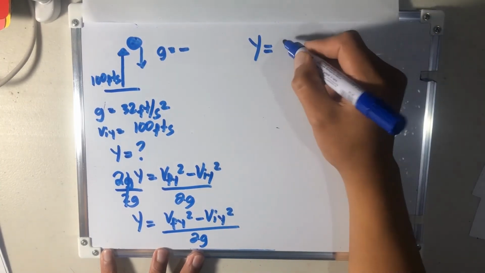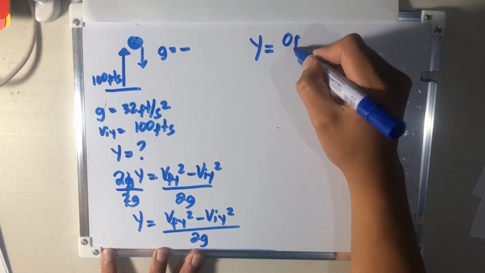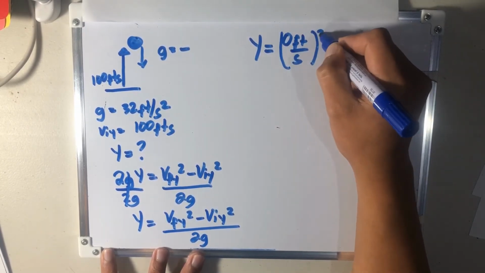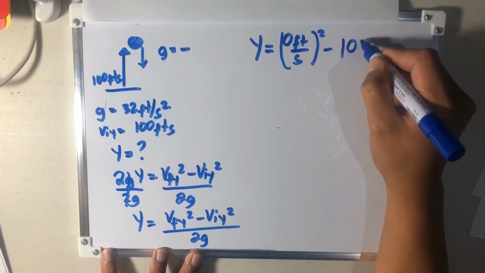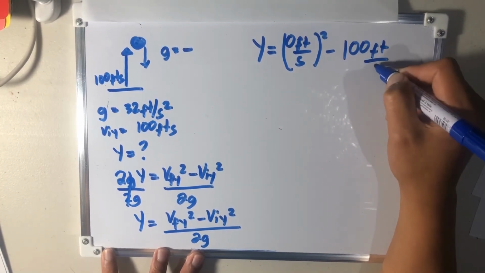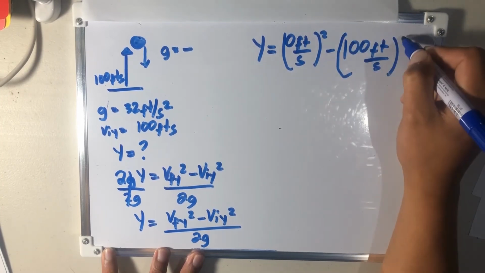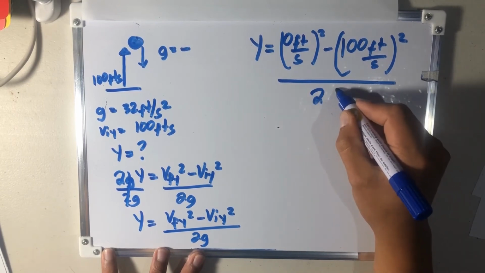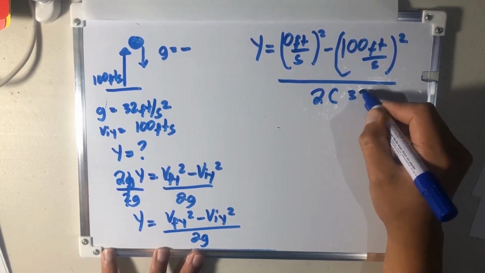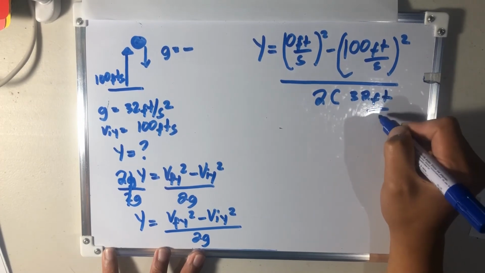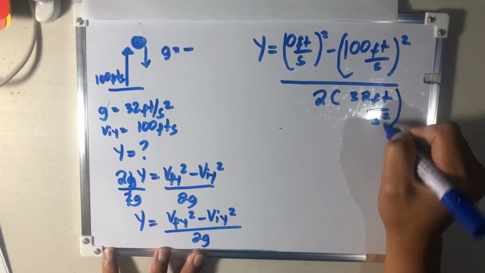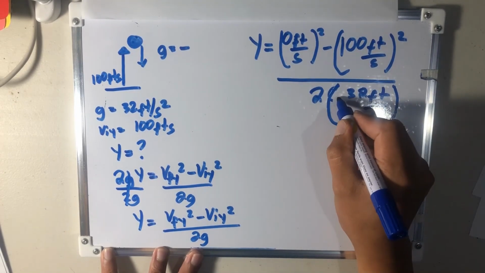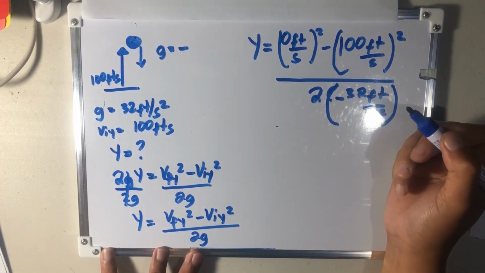So our final velocity is 0 feet per second, that will be squared, minus 100 feet per second, and that will be squared also, all over 2 multiplied by the acceleration due to gravity, which is 32 feet per second squared. But take note, again, the object is going up, therefore acceleration due to gravity must be negative.